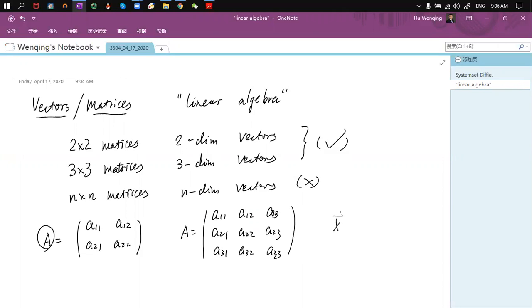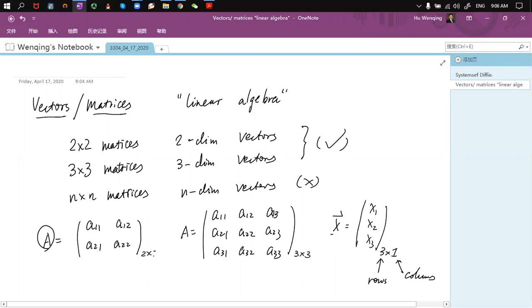And vectors are a special form of matrices. For example, if you have a vector like this, it has 3 rows and 1 column, so it is a 3 by 1 matrix. We use the first number as the number of rows and the second as the number of columns. So this is a 3 by 3 matrix, this is a 2 by 2 matrix.